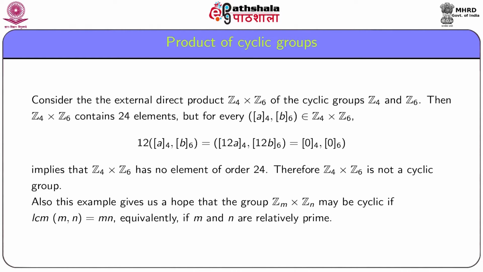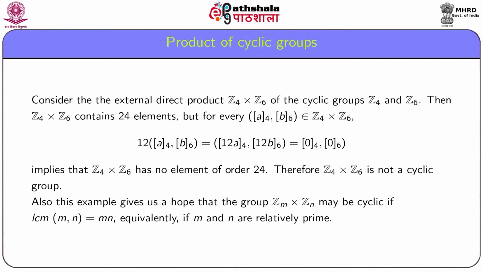Now we show that no element of Z4 cross Z6 can have order more than 12, and it will prove that Z4 cross Z6 is not a cyclic group.